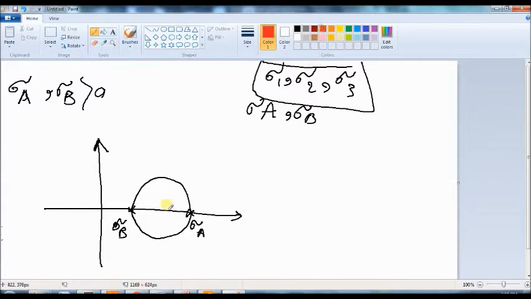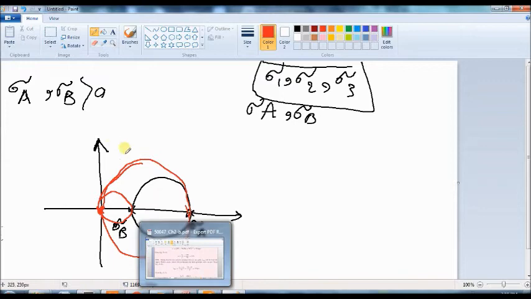So I have to draw another circle here: another circle for sigma B and the third one, which is 0, and another circle for sigma A and the third one.